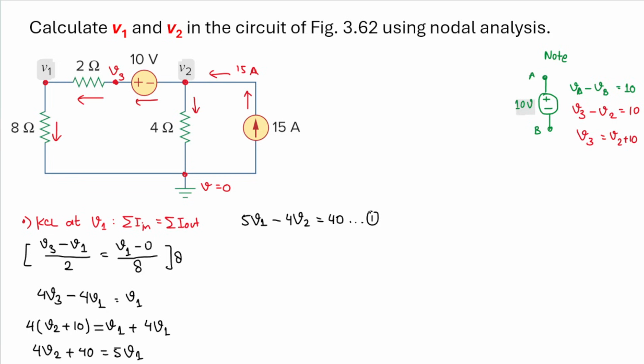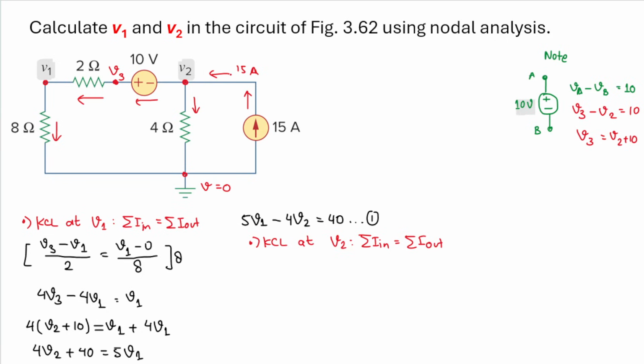Okay, good. Now we have two variables, so we need one more equation. Let's do another KCL, but this time at V2. It says that the sum of the current that goes in equals the current that goes out.